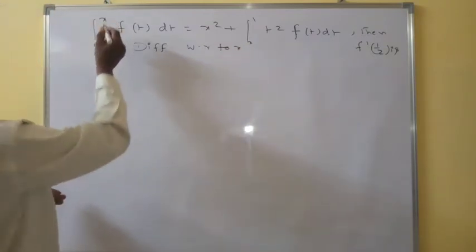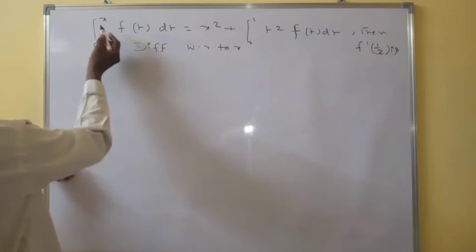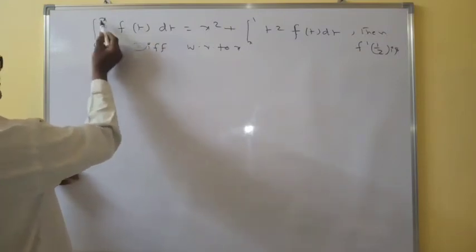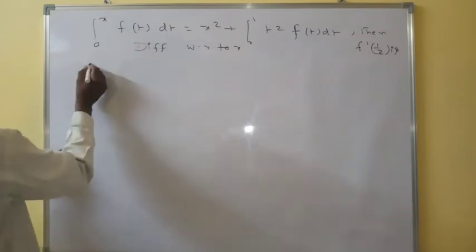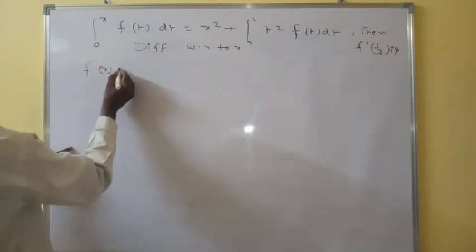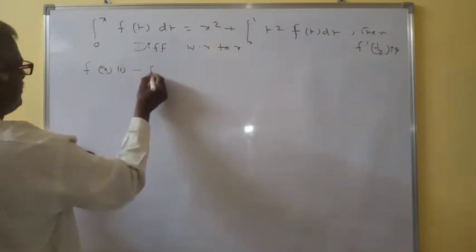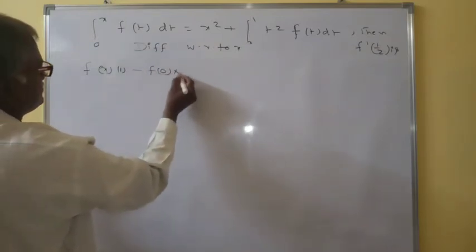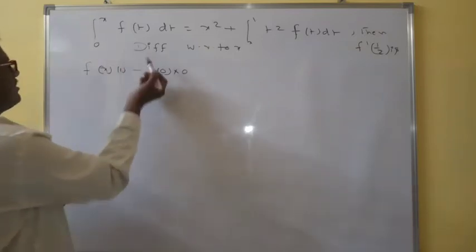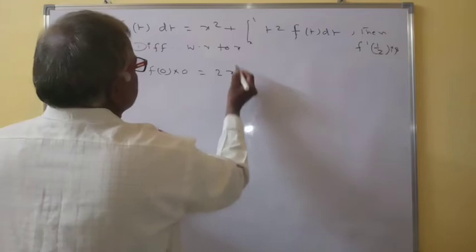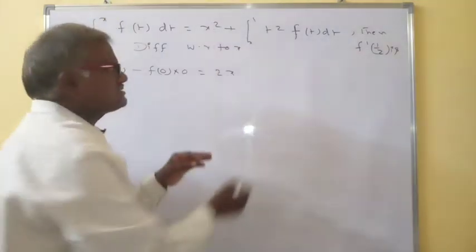Okay, so using Leibniz theorem: in place of x in the upper limit, put x and take its derivative. So here f of x into 1, minus, put the lower limit, f of 0 into 0, because the derivative of 0 is 0, is equal to the derivative of x square, 2x.